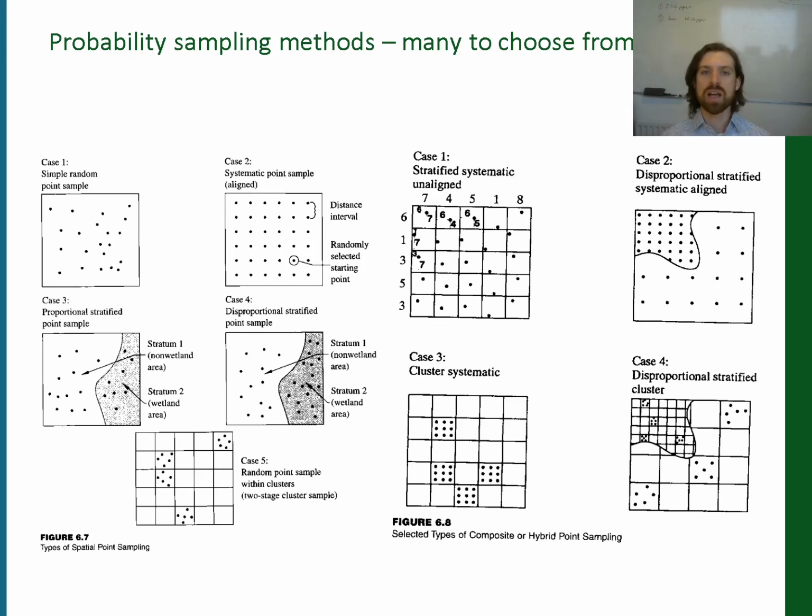You could just generate random numbers between 0 and 10, generate them for your x-axis and the same on your y-axis, and then you could go out and sample all of those points within that area, and that would give you a basic way to gather the data that you want from an area.